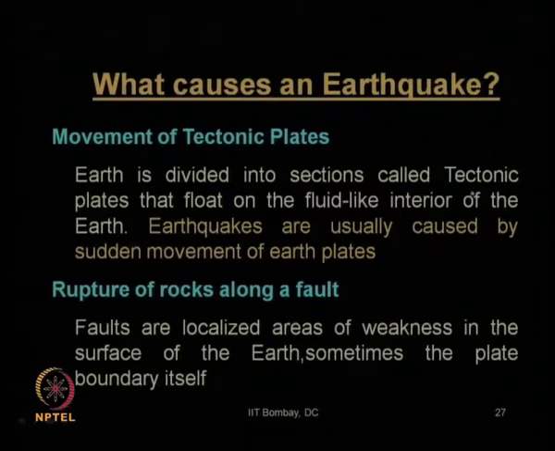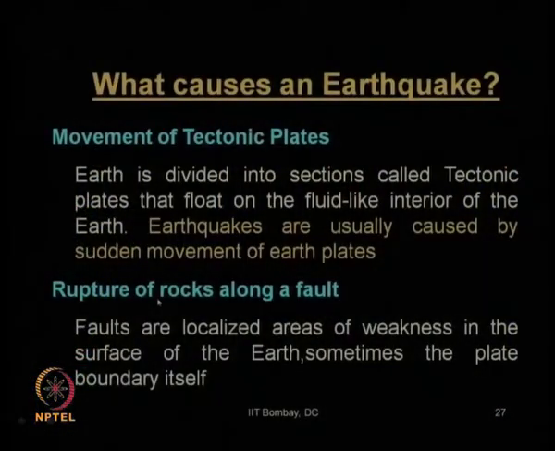Now, within the tectonic plates, wherever we have weakness in the rock, in the earth crust, those are called faults. Sometimes the two-plate boundary itself can be considered a fault, because that is a weakness, an open point where the energy inside the earth can get released through that weak point or fault.